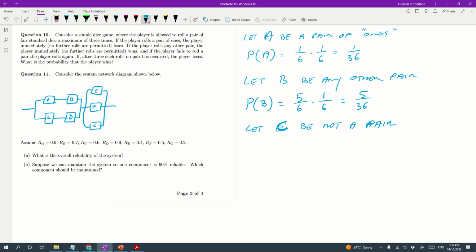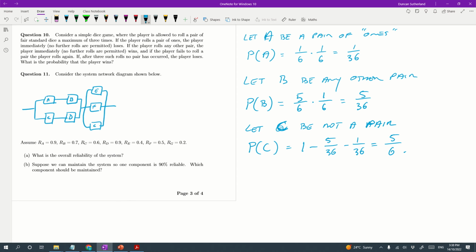So the probability of getting any pair is 1 over 6. So the probability of C equals 1 minus 5 over 36 minus 1 over 36. That's the A and B. We can just add up those probabilities because they're mutually exclusive. So that's 1 minus 1 over 6, that's 5 over 6.